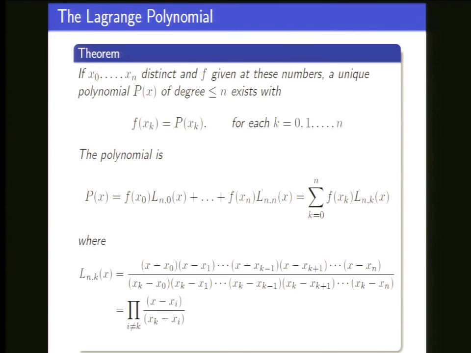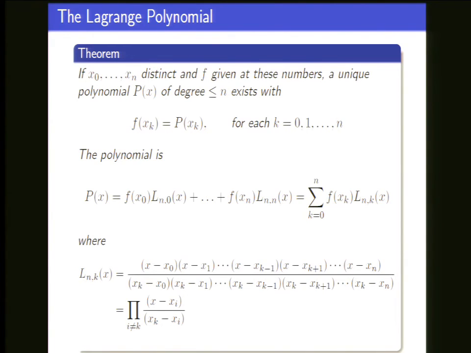Let me go one more degree. Now it's getting a little messy, but it's worth doing. So let's do the quadratic ones. You would have to give me 3 points, and I'm going to put them in a non-obvious way. So n is equal to 2 means that you have n plus 1 equals 3 points.